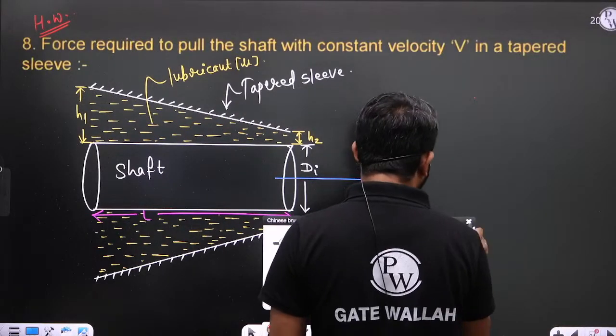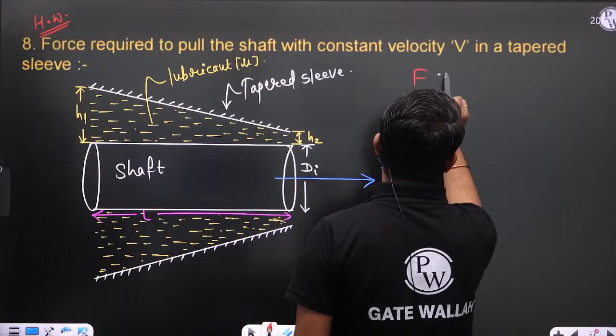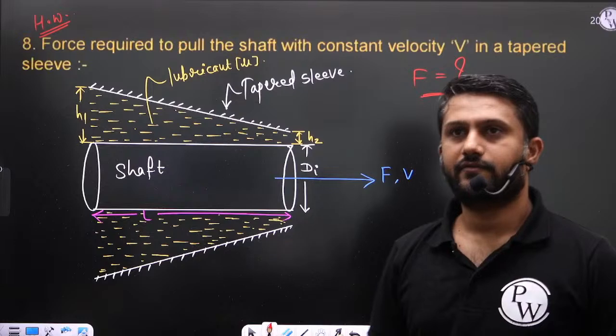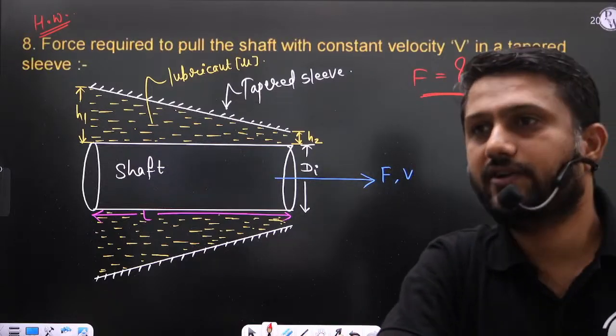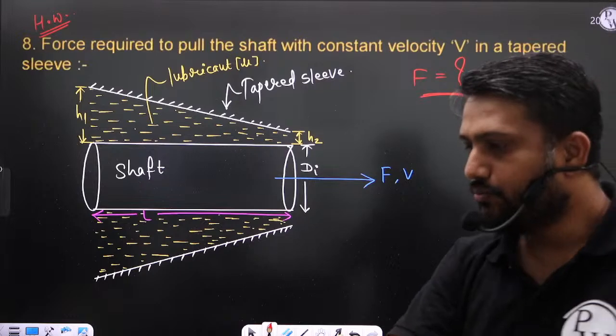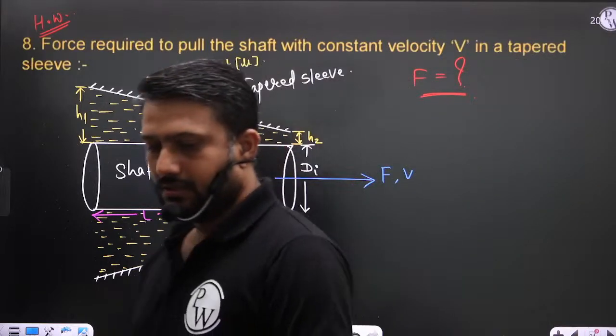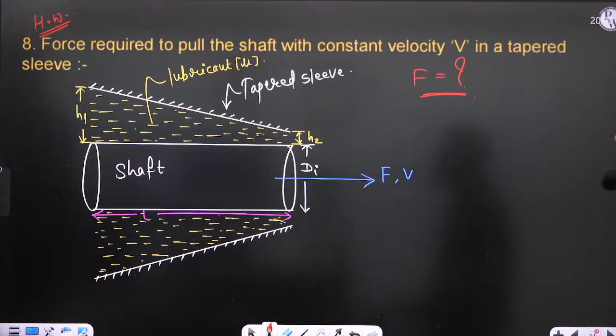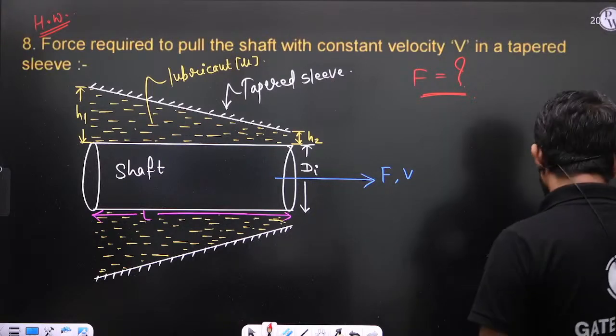What is my objective? My objective is to find the force which is required to pull the shaft with constant velocity V. Okay, so this is your homework problem. I will discuss this problem in tomorrow's class.